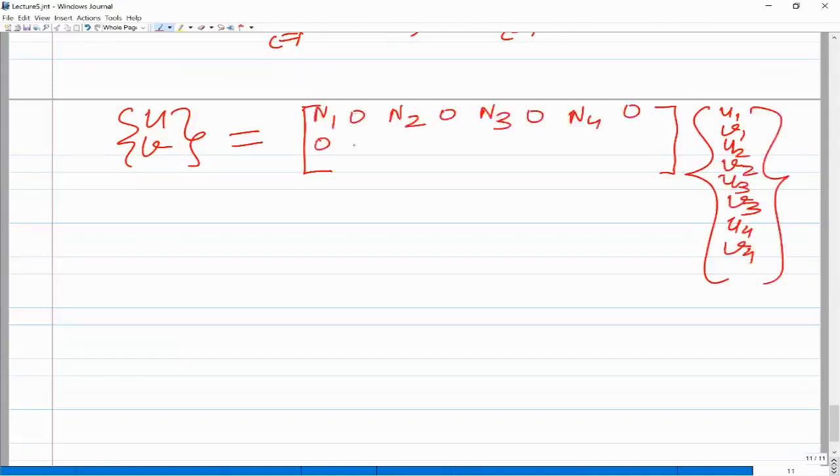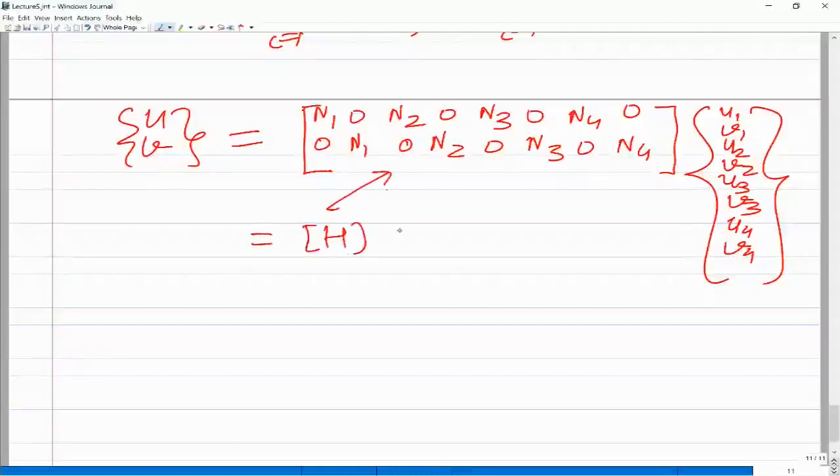Similarly, v will be n1 v1 plus n2 v2 plus n3 v3 plus n4 v4. We call this the interpolation matrix H, and the other vector is referred to as DE.